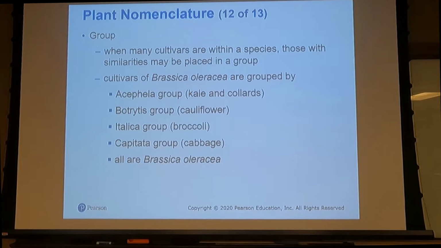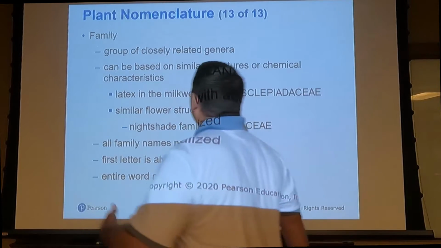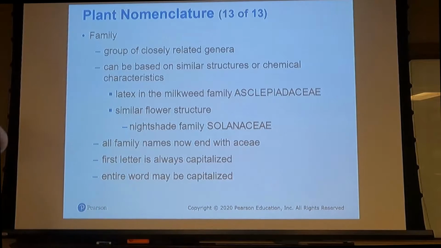If we have cultivars within a species, we can place them in a group. Here's just an example of how we might differentiate some groups of brassicas. Families are things that have similar structures and chemical characteristics and pathways.